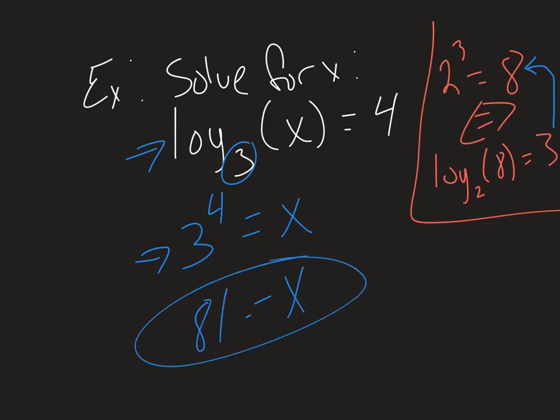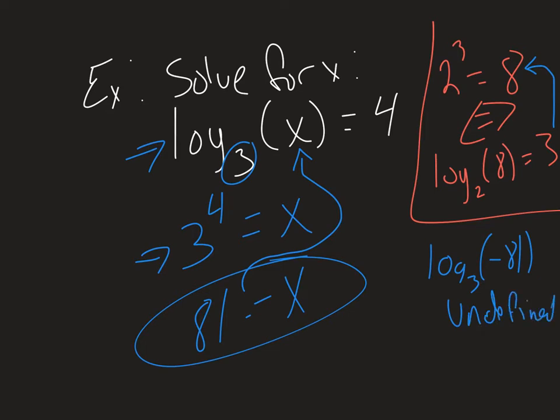There's my solution. Something worth noting, and it's not a problem on this one, is that you'll want to double check that your solutions work with logarithms. Say I have a negative. I don't know how to take a logarithm of a negative number. Log base 3 of, say, negative 81 is undefined.